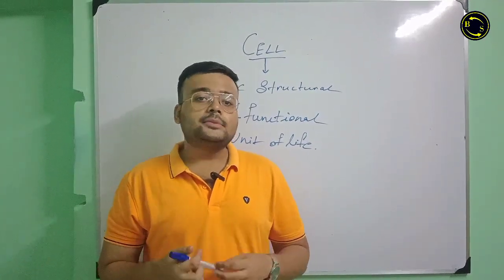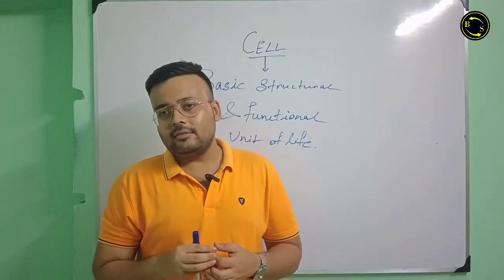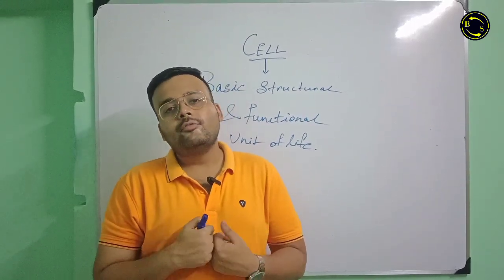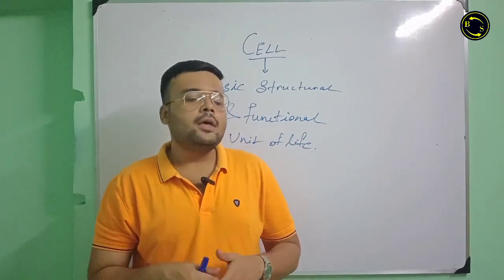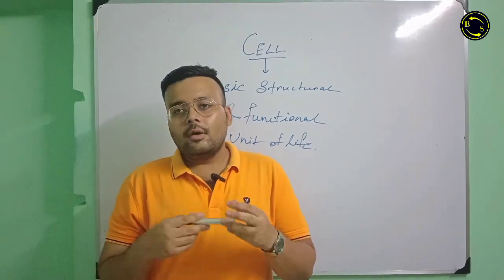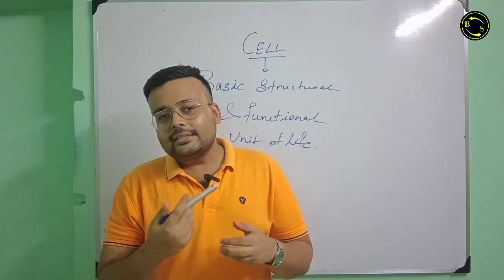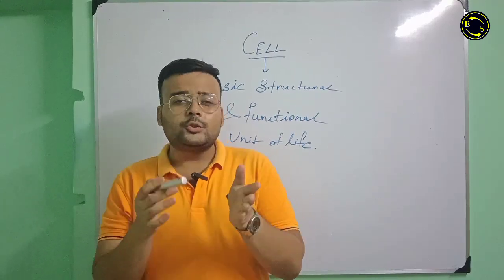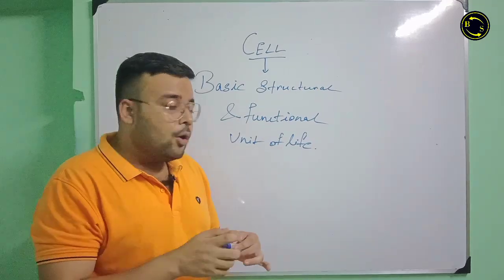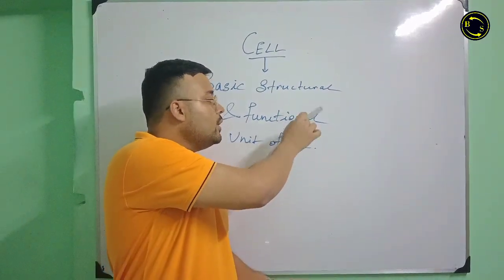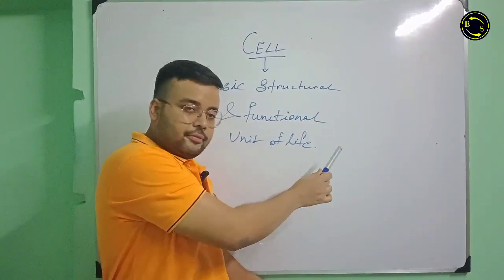A living organism requires food to sustain itself. A cell also needs food to sustain itself, and since we all have a digestive system, cells also have methods to process that food. It's homologous to digestion. So this is how a cell can be a structural unit and a functional unit of life.